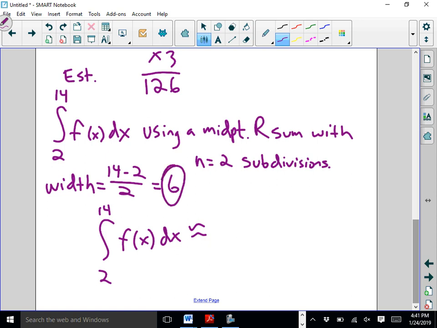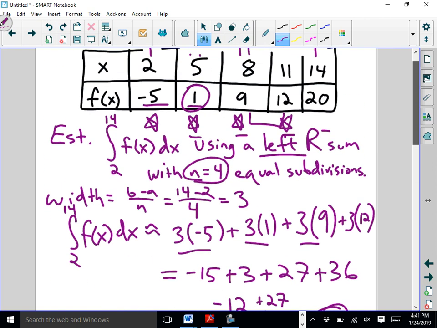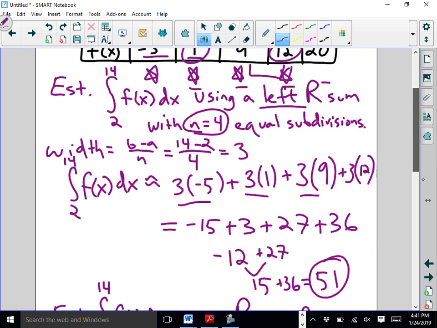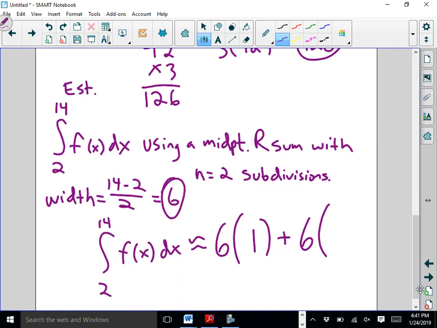My first rectangle has a base width of 6, and I'm going to multiply that by that midpoint number, which is 1, plus 6 times that midpoint of, what was it again, 12? Yeah, in this subdivision, 12 is my midpoint. 1 and 12 are my two midpoints. 6 times 12. Okay? There's only 2 subdivisions, so I should only have 2 things that I'm summing together here.